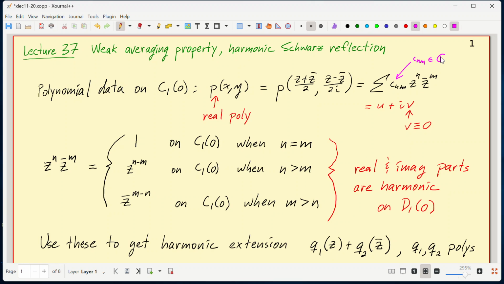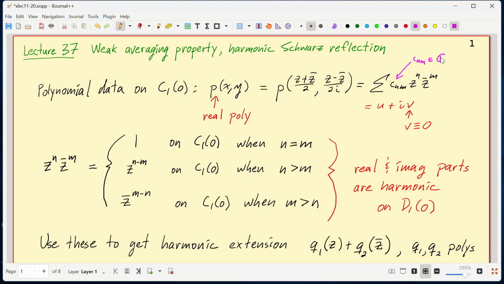z to the n times z bar to the m. When n and m are equal, then of course that's 1 on the boundary. And 1 has a harmonic extension as itself. And then when n is bigger than m, I showed you last time that that would agree with z to the n minus m on the boundary.